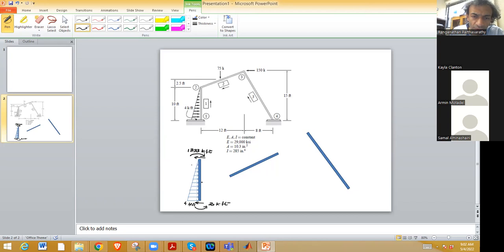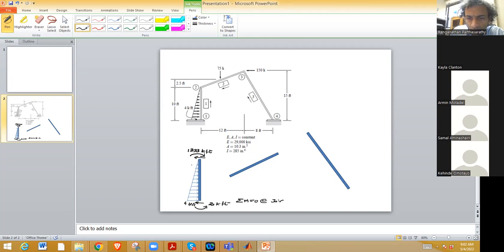So your loads should be satisfying force balance as well as moment balance. So we can find out first the load at this end. Okay, I will just do it here, or take moment balance about joint 1. Then what do you get?